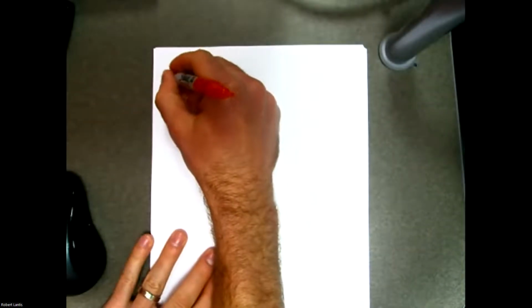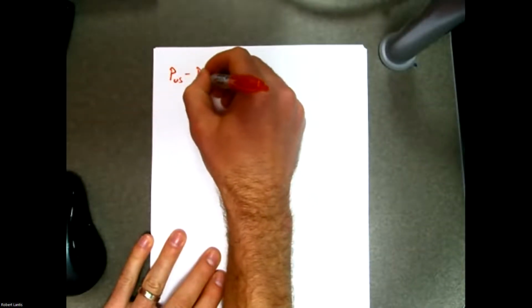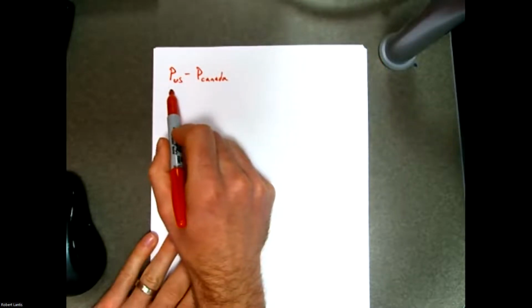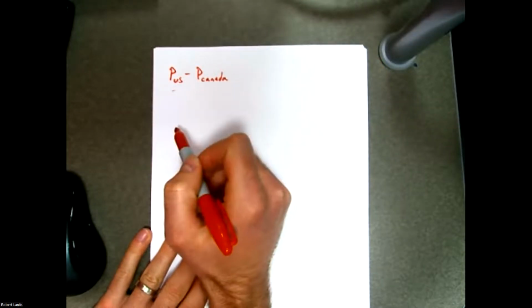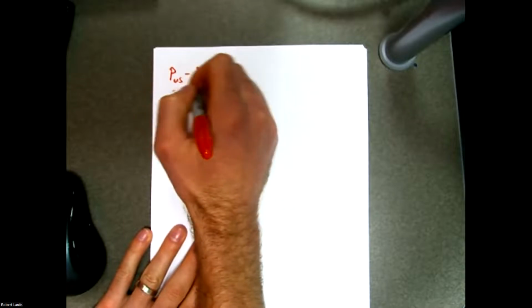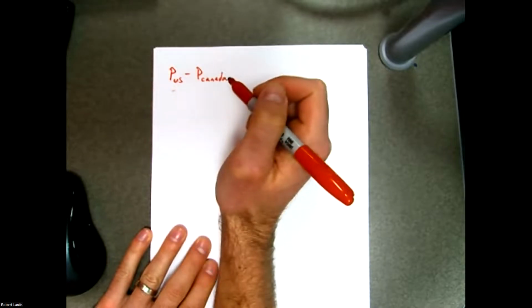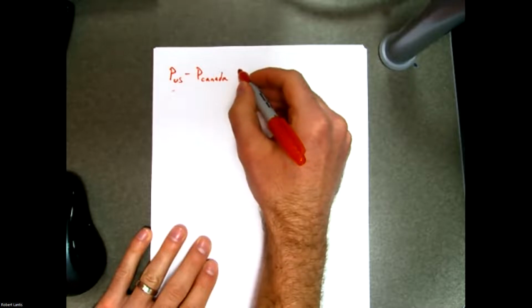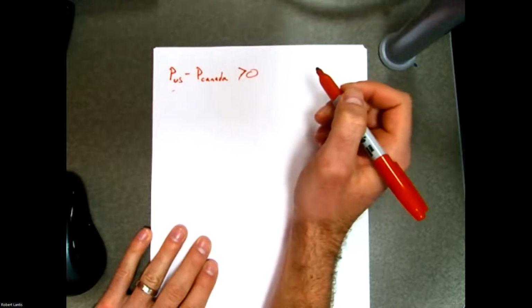Well, I'm thinking about the difference as US minus Canada. If I want to test whether the US is greater than Canada, what would have to be true about this difference? It would be greater than 0, positive.